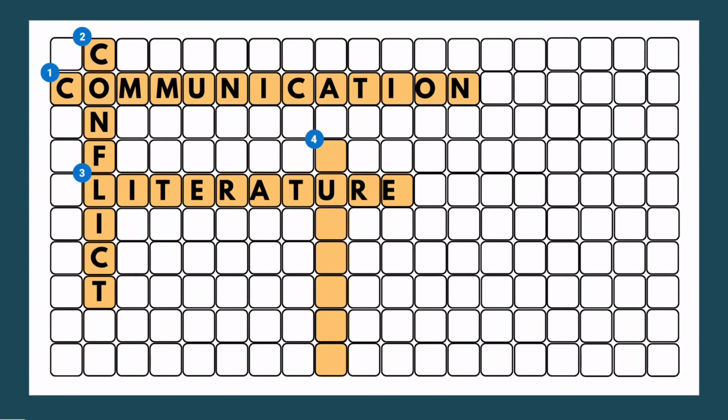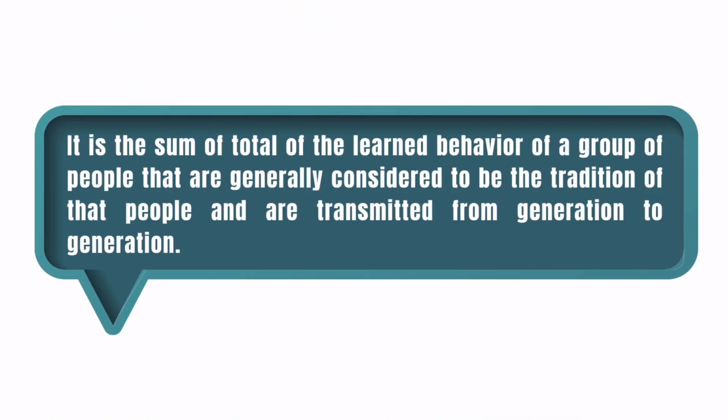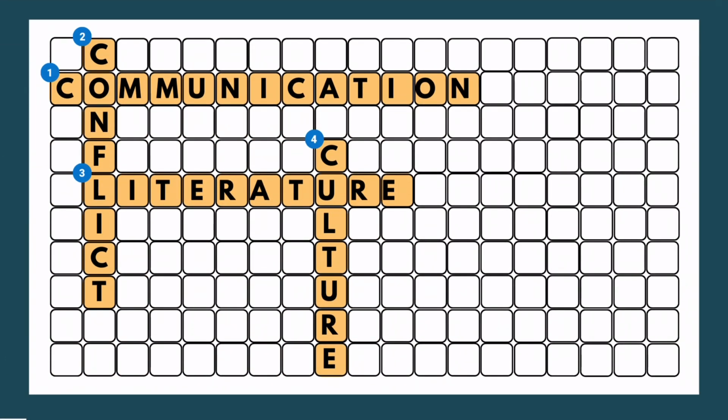Number 4. It is the sum total of the learned behavior of a group of people that are generally considered to be the tradition of that people and are transmitted from generation to generation. The correct answer is culture.